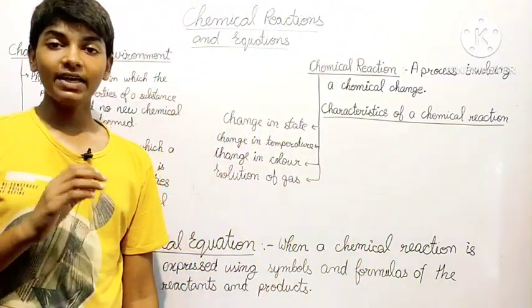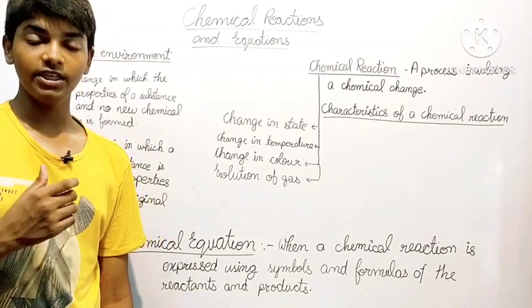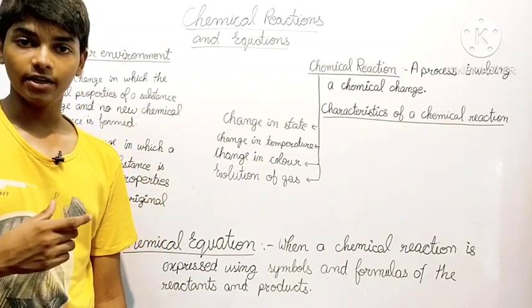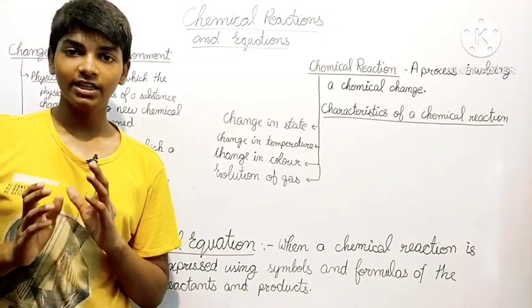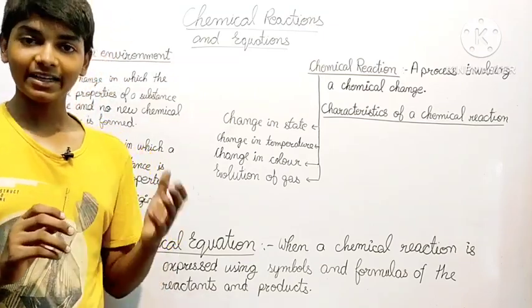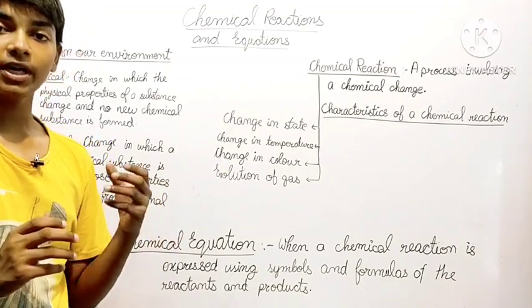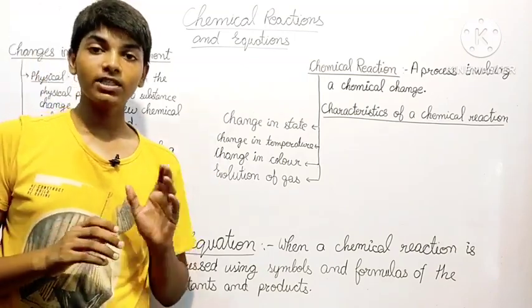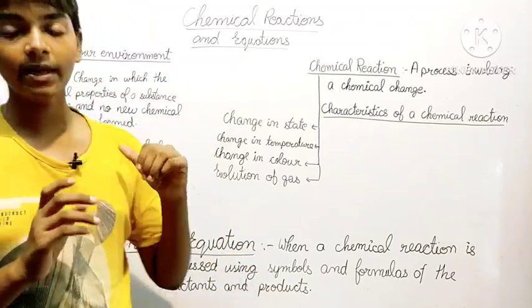So we had Mg, which is magnesium, and O2, which was oxygen. These two react or combine to form MgO. Mg was initially Mg, there was no O in it, but when it reacted with oxygen, it had MgO. So a new chemical substance is formed. MgO has completely different properties from magnesium.